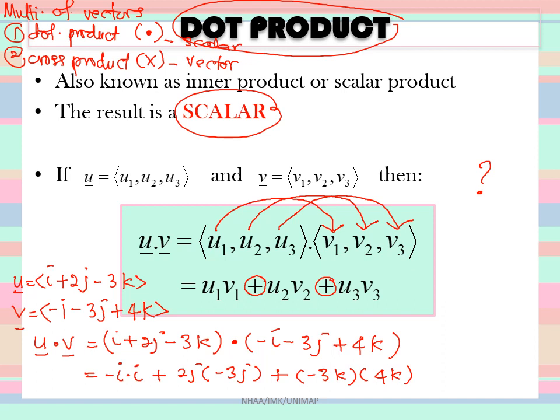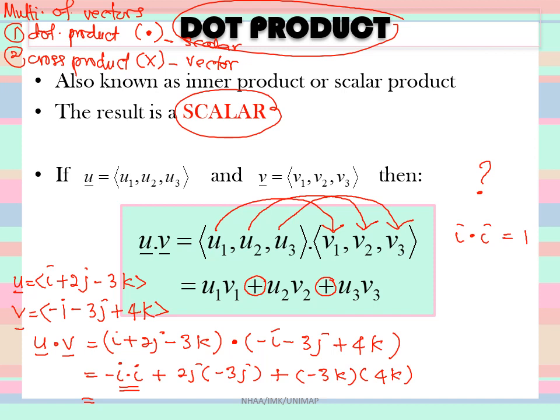So the answer for this is negative i dot i. According to the properties of the vector, i dot i will give you the answer 1. So i dot i is equivalent to 1.